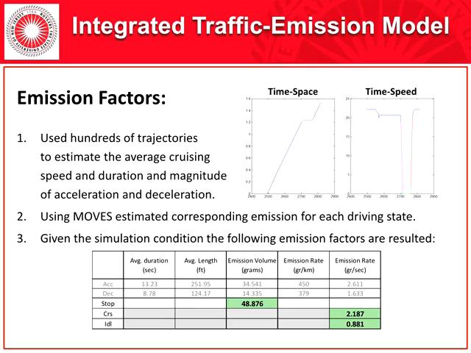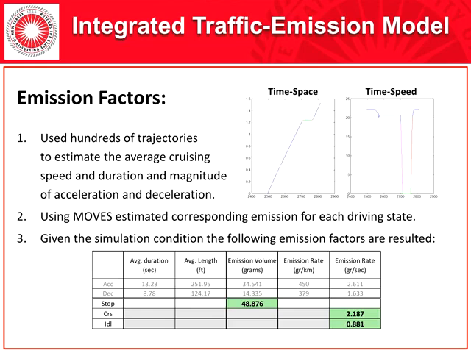For this specific case, acceleration and deceleration have features such as average duration, length, and emission rate. When adding the emission of 1 average acceleration and 1 deceleration, the emission factor per stop in grams can be computed.